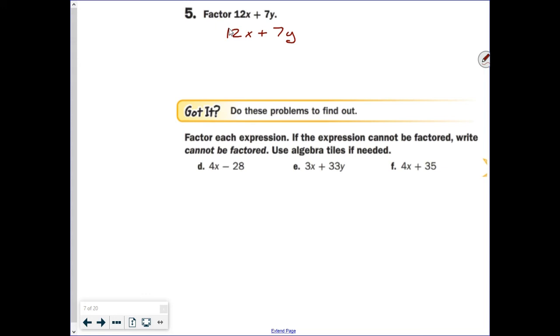If your monomials can only be divided by 1, what you have is something that cannot be factored. So we would write for our answer, cannot be factored. Why don't you go ahead and give letters D, E, and F a try? And then we will go over the word problem.